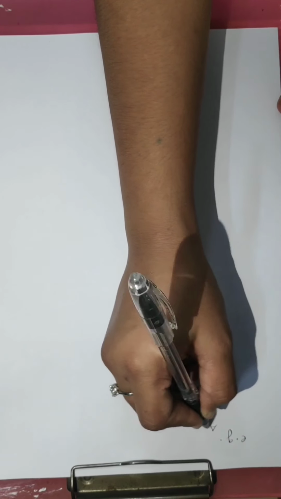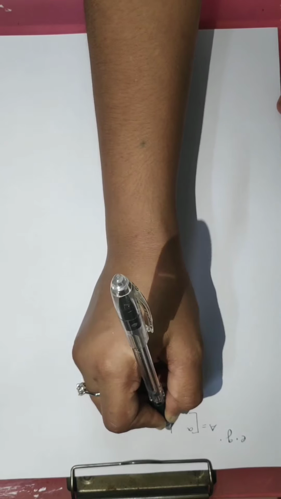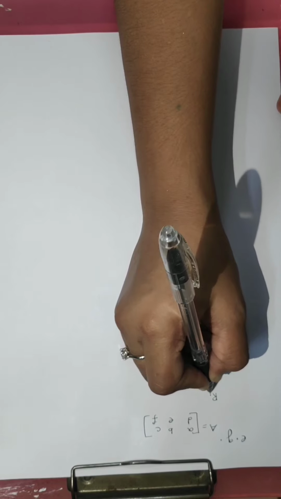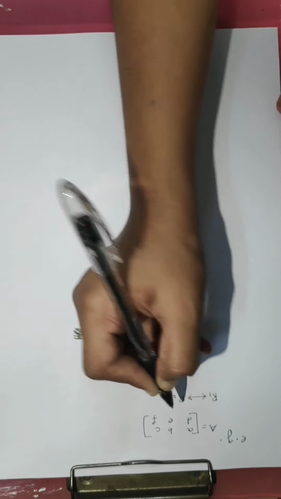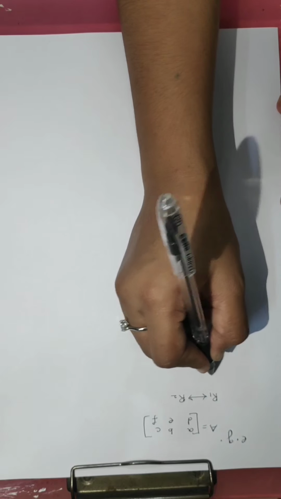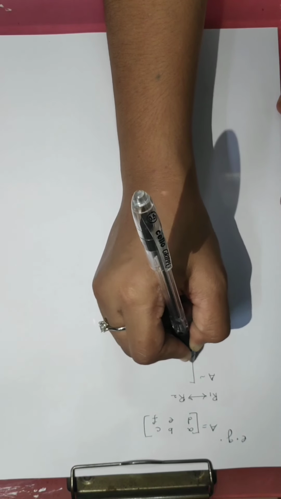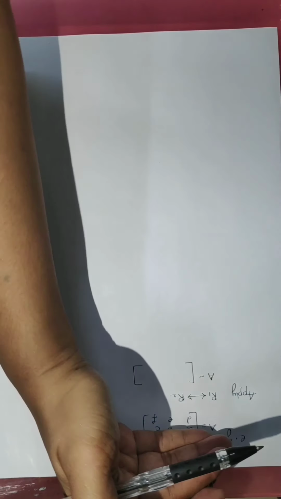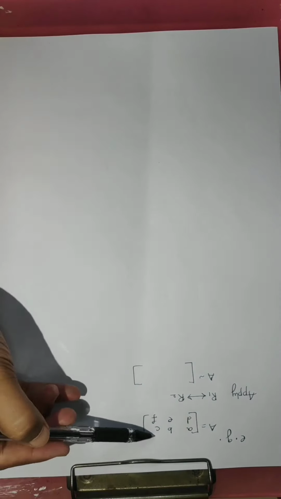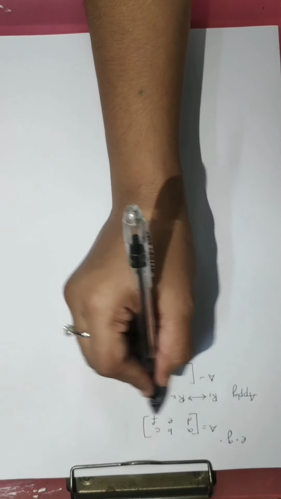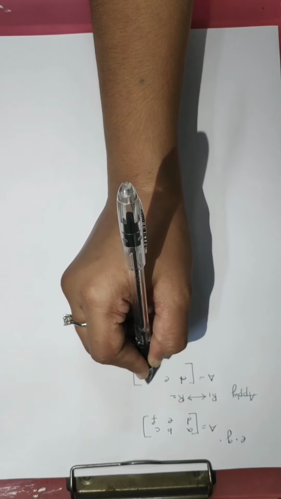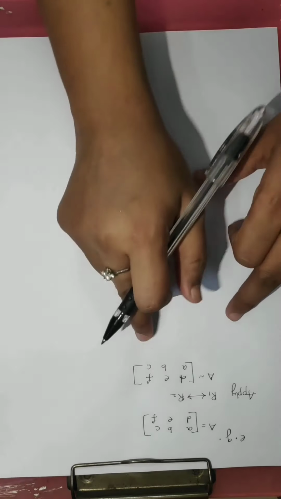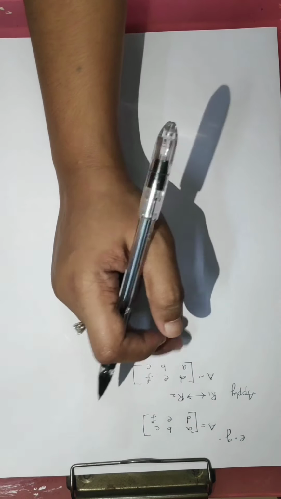Suppose this is matrix A and here are elements A, B, C, D, E, F. If you apply R1 interchanges with R2, so the new matrix will be: R1, that means row 1, and R2, that means row 2, both will interchange. That means row 2 will go to the position of row 1 and row 1 will go to the position of row 2. So this is interchange of any two rows.